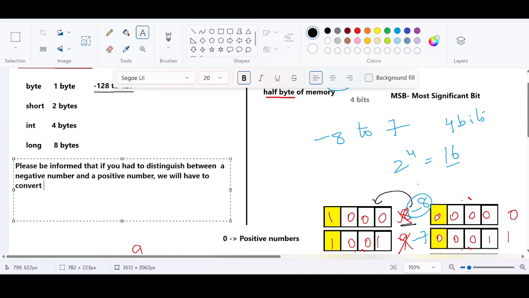What we have to do? We have to convert the number in the form of 2's complement and attach a negative sign to it. If you want to distinguish between negative number and positive number, you have to convert the binary number.